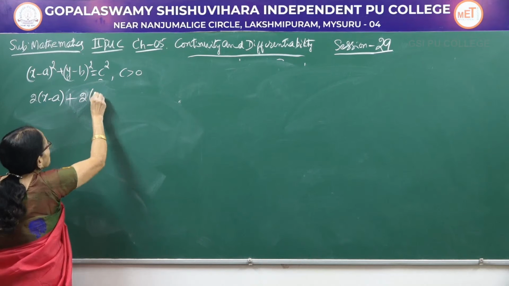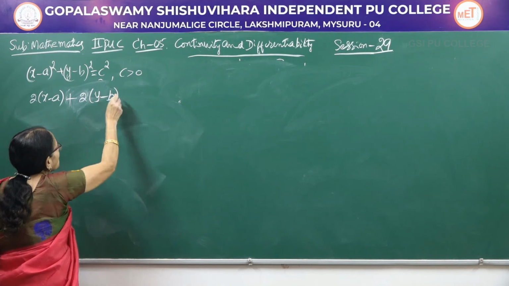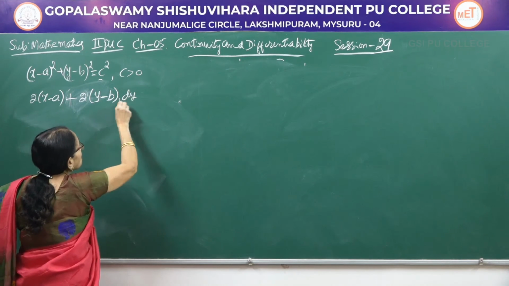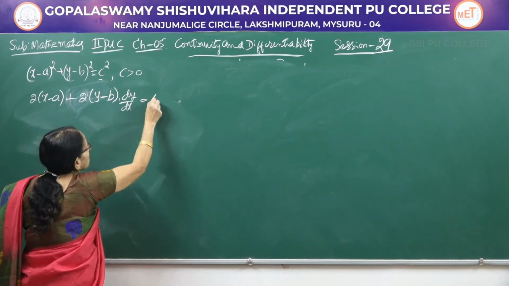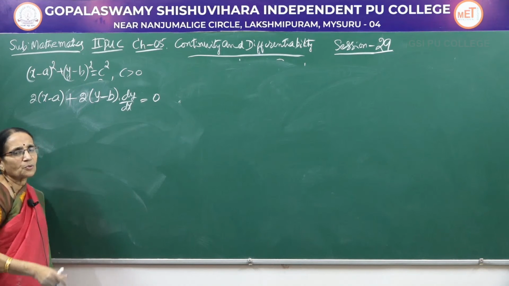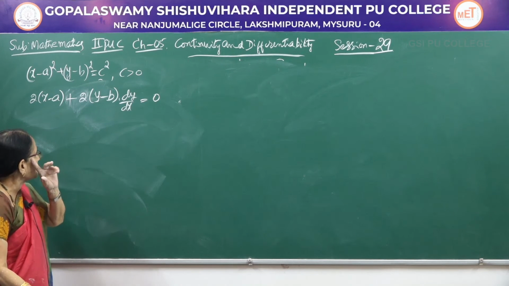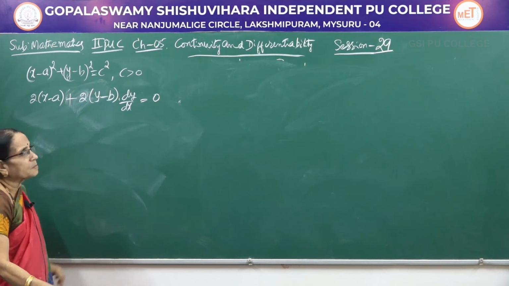Here 2 into y minus b, for y it is dy by dx, right hand side being a constant, a, b, c all of them are constants. So, c square becomes 0.